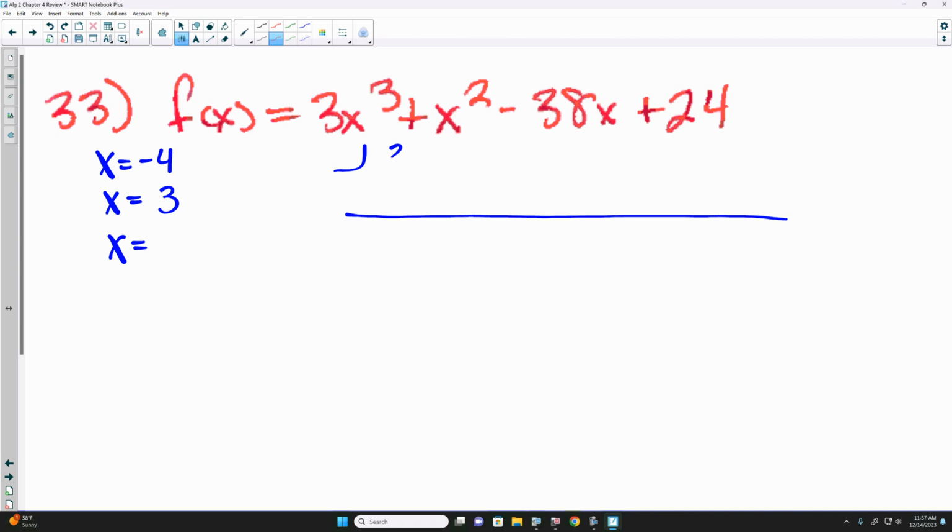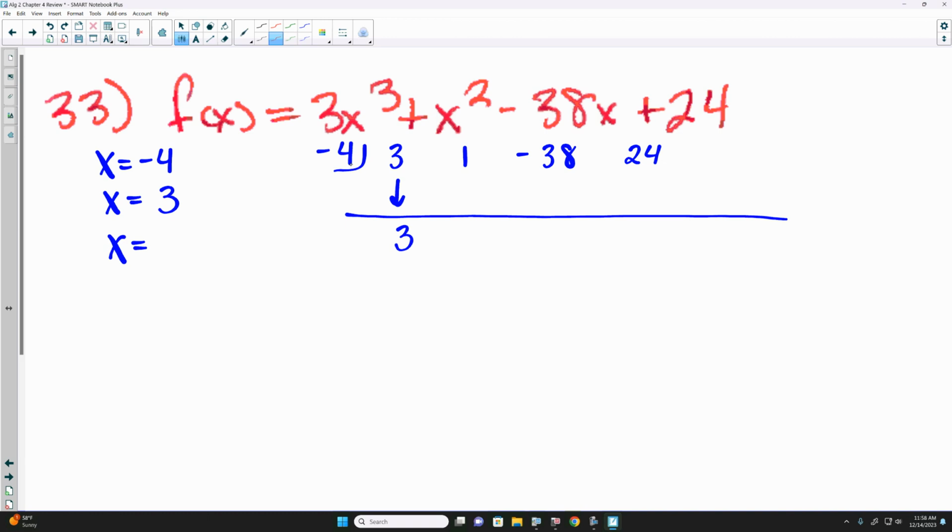Well, at this point here, we can go on and do synthetic division and solve for the remaining 0. And luckily, it's going to be pretty nice solving for the last one. Do we want to do synthetic division with negative 4 or 3 first? Y'all pick negative 4. And we'll do the process with this here.